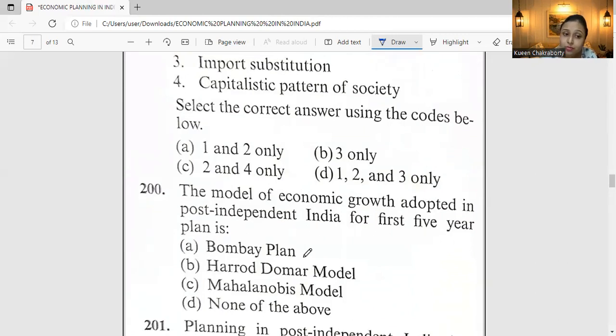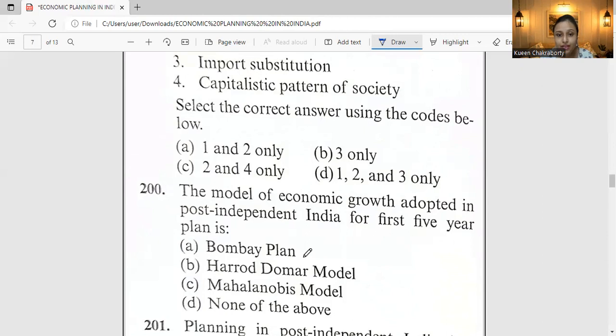We required protectionist policies, import substitution, that is to develop indigenous industries and base for capital production. This was done due to harsh colonial experience which destroyed Indian industries. And lastly, the aim was socialist patterns of the society.